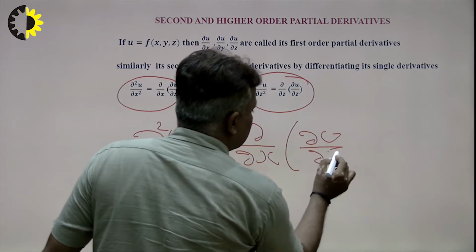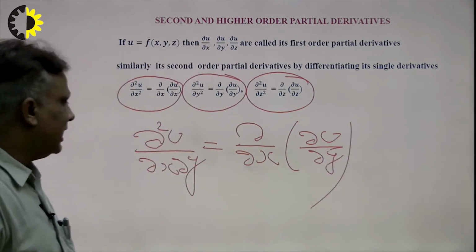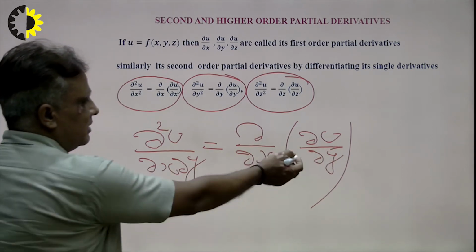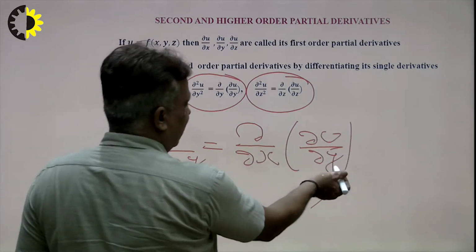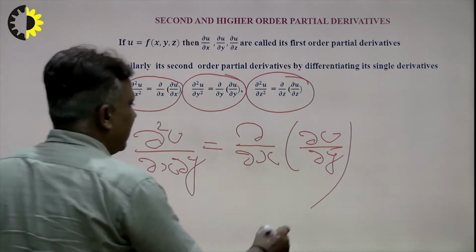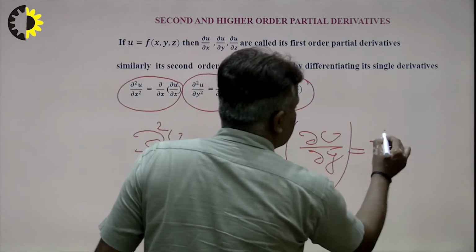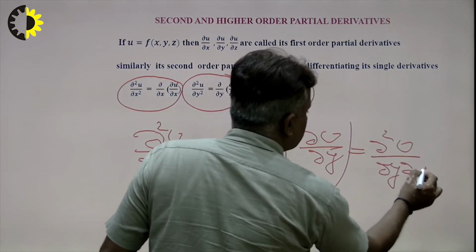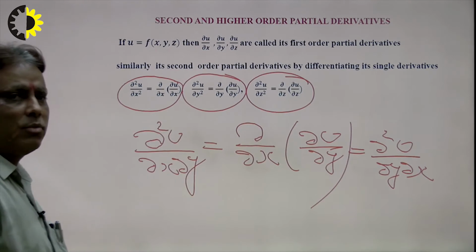So first we calculate with respect to y, and after this with respect to x. Mathematically both orders are the same, there is no effect, but in some cases the result will change. This is the phenomenon of calculation.